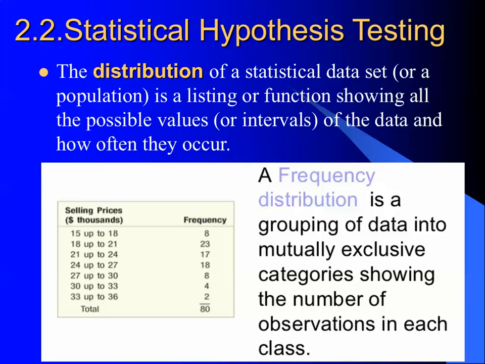So we perform listing or functions that show all possible values or intervals of data, and have our groups. When we talk about distribution, we must clearly understand that we are talking about an ideal statistical distribution, like normal or so-called binomial distribution, and so on. So it's an ideal model.